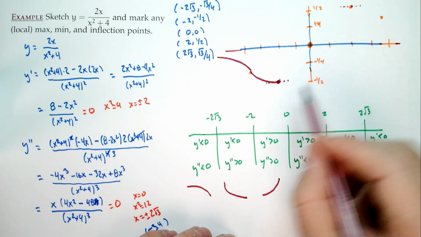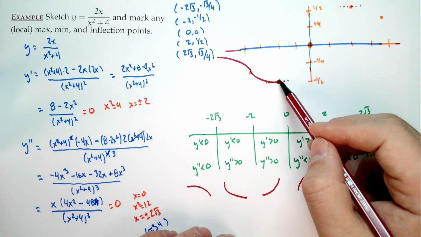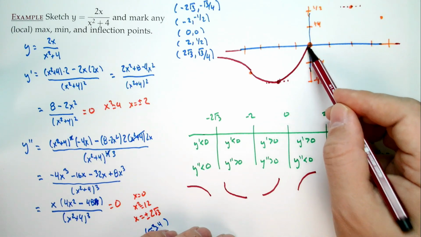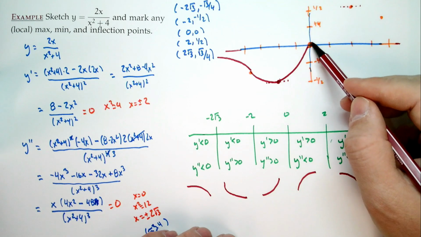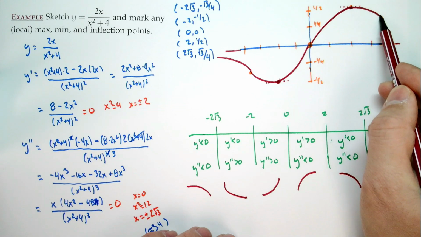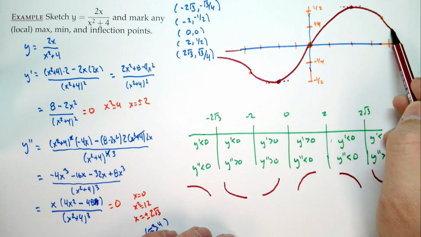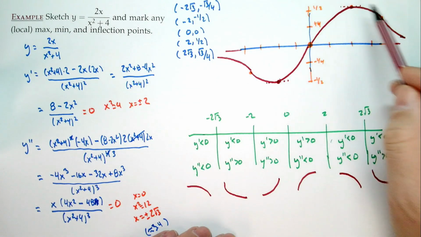So this is a place where our derivative is 0, and then we're going to come up, and now the rest of it is symmetry. We're going to come up into here, then come down into there, and then we change concavity and go back towards that line. And that's the shape of the curve.